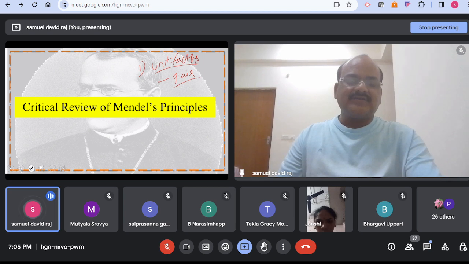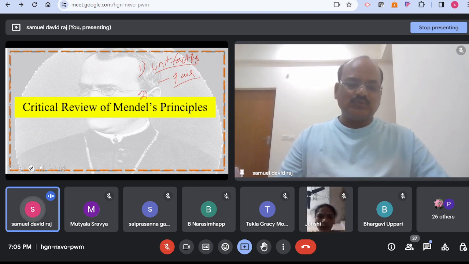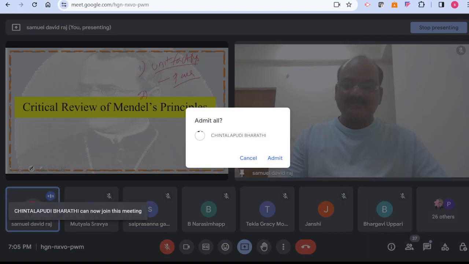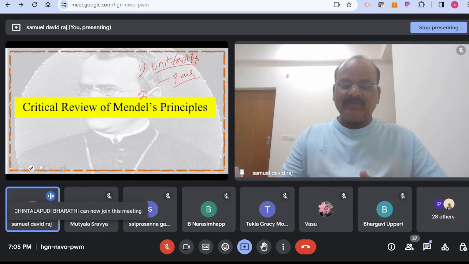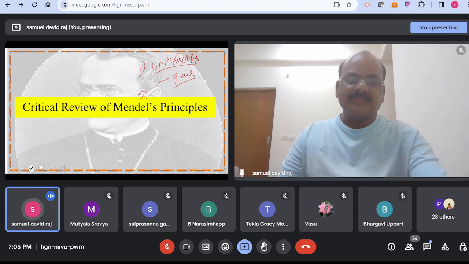If contrasting characters are involved, when pure line parents are crossed, the character which appears in the F1 generation is called the dominant character, and the character which is suppressed is called the recessive character.